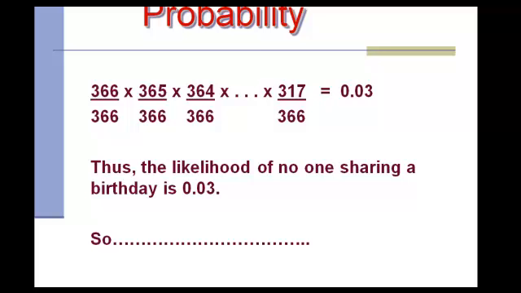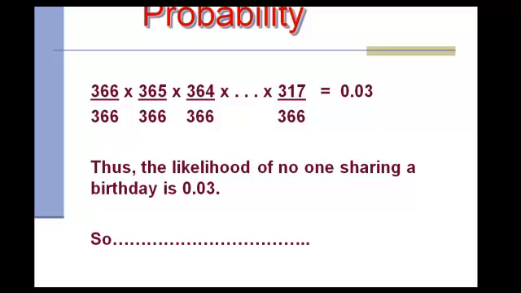Mathematically, the way this works is, the first one is 366 out of 366 days. The second one would be 365 out of 366 days, times the third one, which would be 364 out of 366 days. And you would keep doing that till you got to the probability of the 317th out of 366 days.